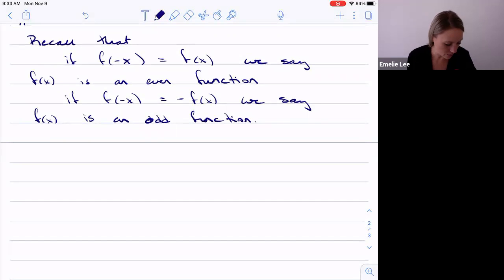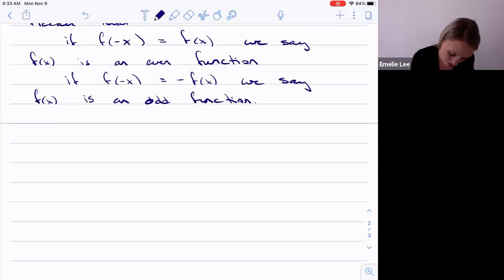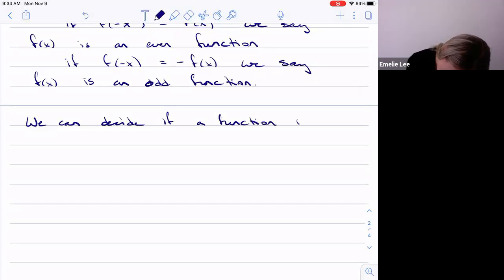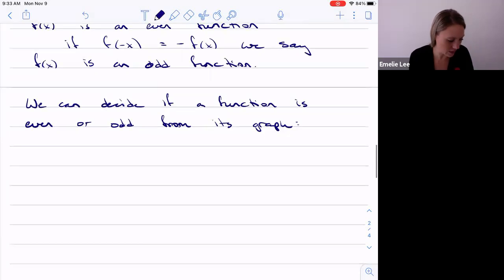So we can look at this graphically. Okay. We can decide if a function is even or odd from its graph, right?